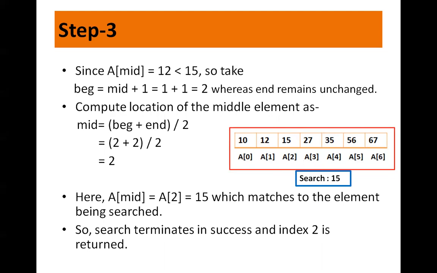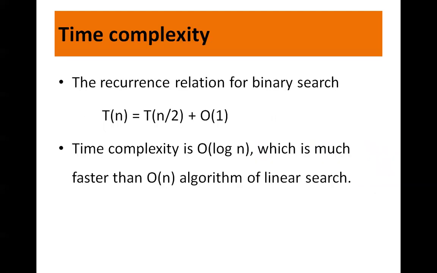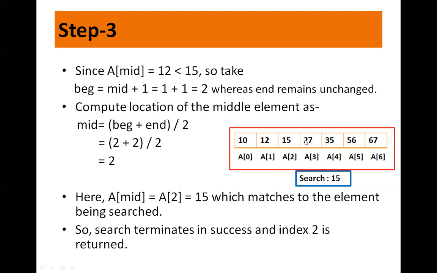Fine. It's very simple, the binary search algorithm. Now the time complexity. As we know, it is a recursive algorithm. For every recursive algorithm, you get a time function, and the time function is converted into a recurrence relation. So the recurrence relation for binary search is T of n is equal to T of n by 2 plus big O of 1. Now n by 2 because your input size gets reduced to half in each iteration. You started from the midpoint, then again calculated the midpoint, and then you found the item. You did not search the other side at all.